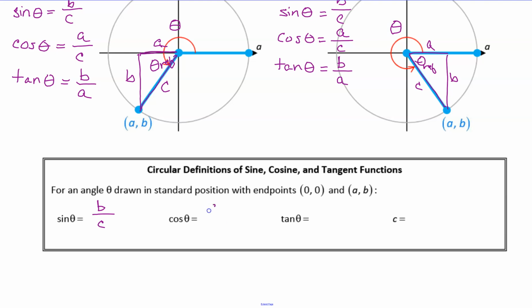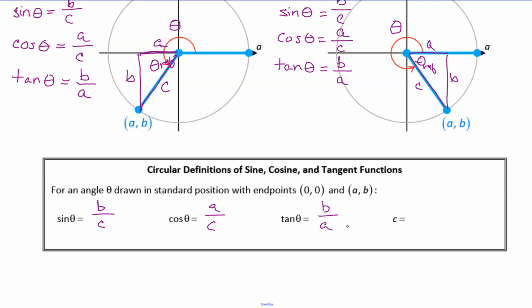Cosine of theta is a over c, or the horizontal side over the hypotenuse, and tangent of theta is b over a, or the vertical side over the horizontal side. Quick note about that: that's essentially slope. It's a rise over run.